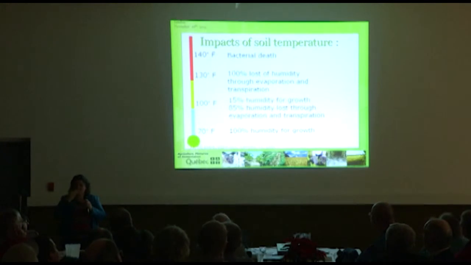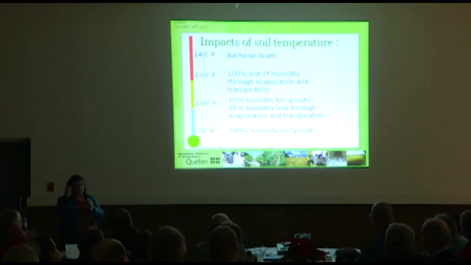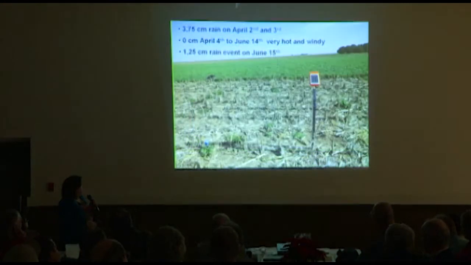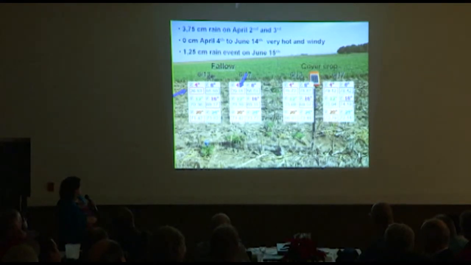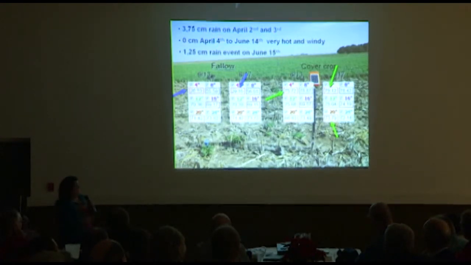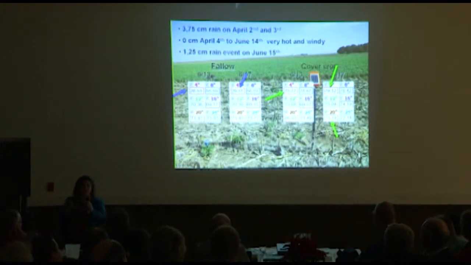And so just the slide before, we had 107 degrees. We're up to there. We're losing a lot of the water available to grow the crop. And so he did take these measurements, and what he saw is that they had about an inch of rain on April 2nd and 3rd, and then up to June 14, no rain at all, very hot and very windy.